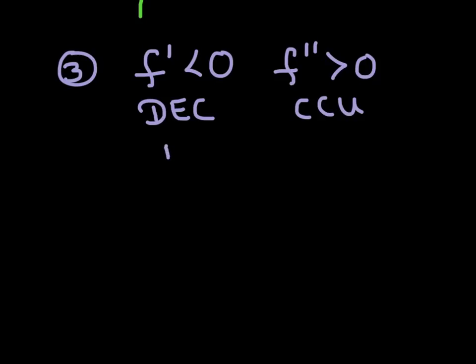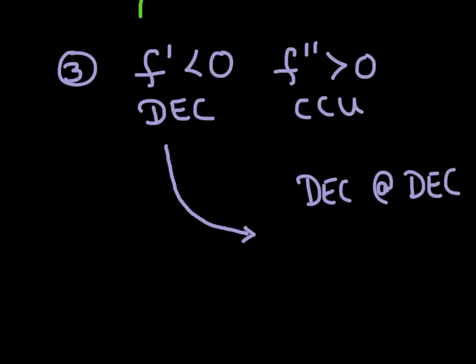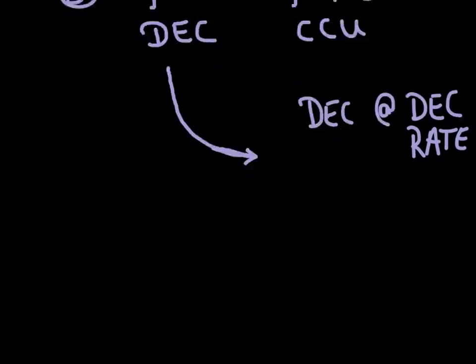But I'm going to draw something that's decreasing and curving this way, and that would give me that concave up sensation while it's decreasing. So we're going to say that this one's decreasing at a decreasing rate. It's all because we're starting to flatten out there, and we're starting to simmer down, as we like to say.